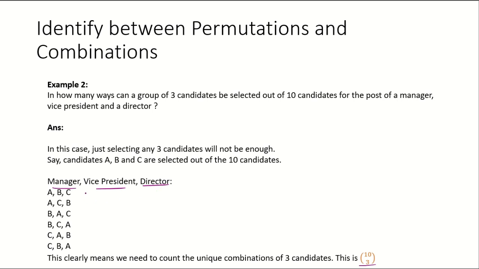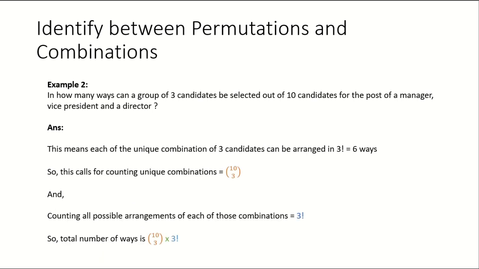So we see that there are 6 ways in which the same 3 candidates can fill in the 3 roles. So this question is also asking you to take into account the arrangement of each combination of 3 candidates selected. So each of the unique combination of 3 candidates can be arranged in 3 factorial ways, which is 6 ways.